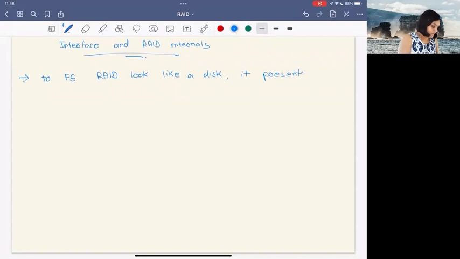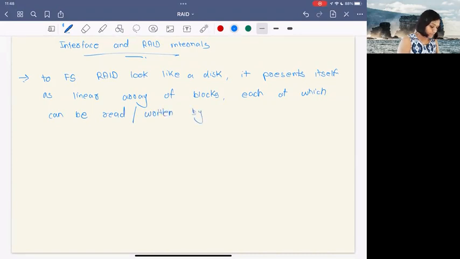It presents itself as a linear array of blocks, each of which can be read or written by a file system.